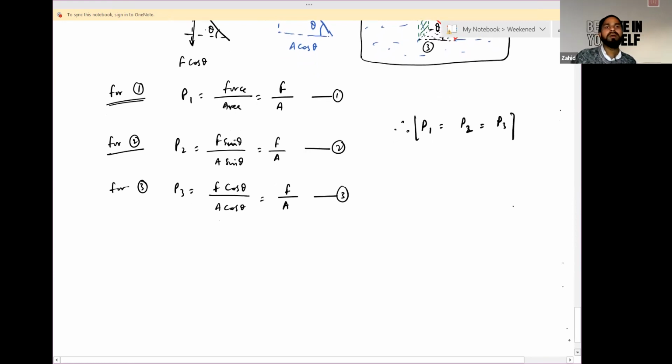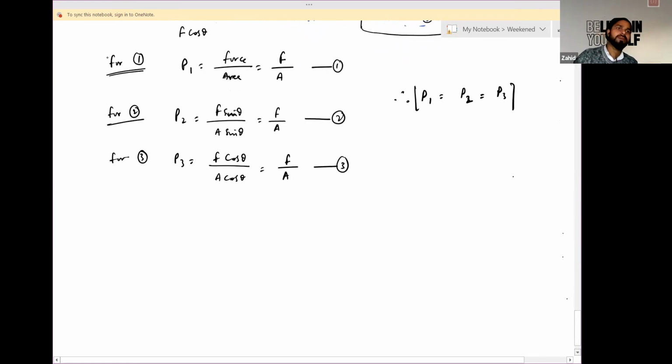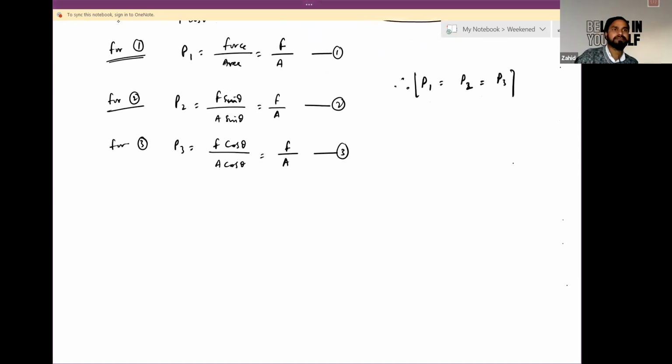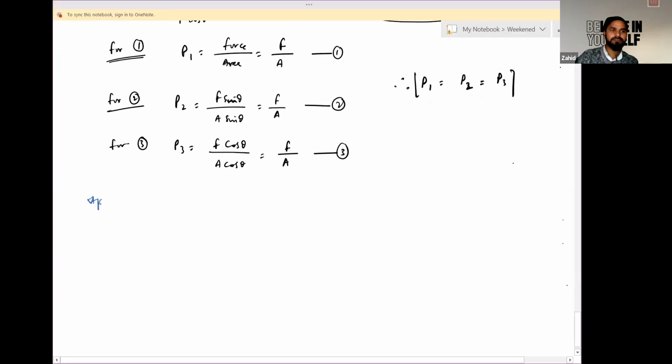Okay. Now there is some application of this Pascal's law: the hydraulic lift.